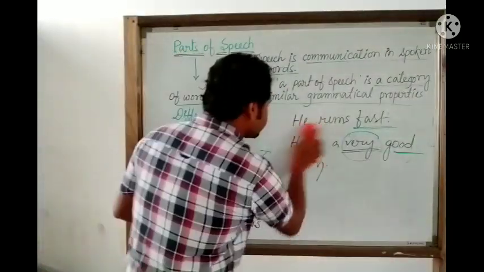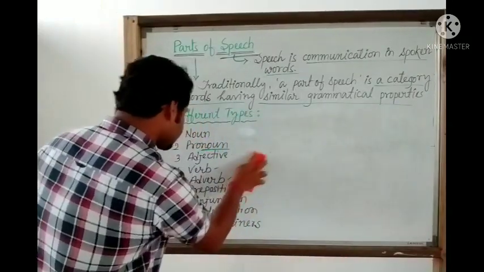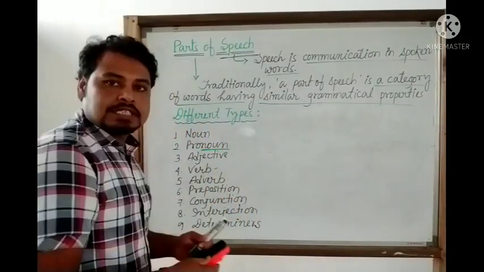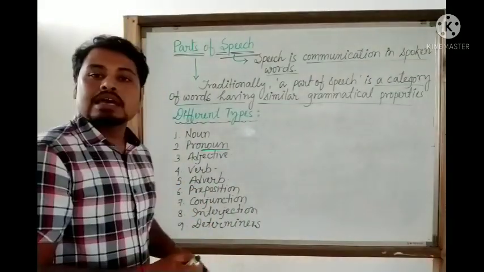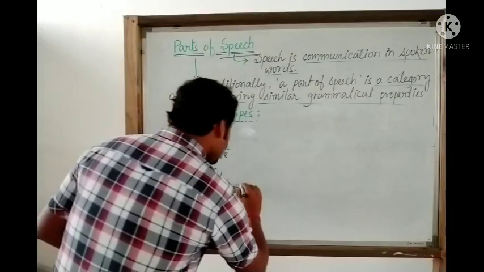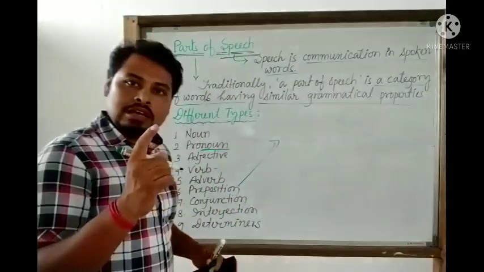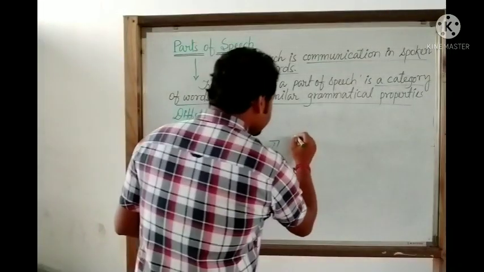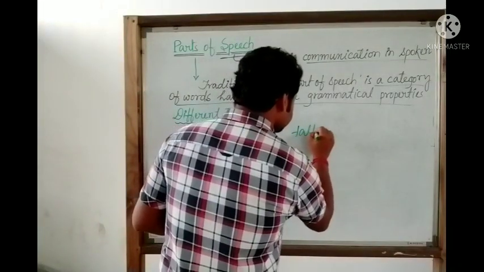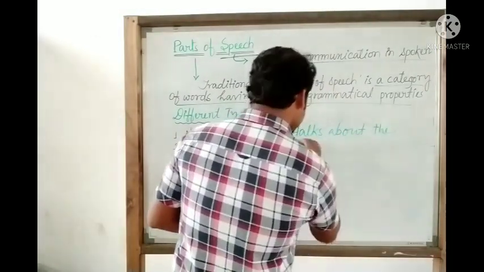So after the adverb, in our list, in number 6, the sixth type of part of speech we have, that is preposition. Now preposition, it essentially tells about the position. So it talks about the position.